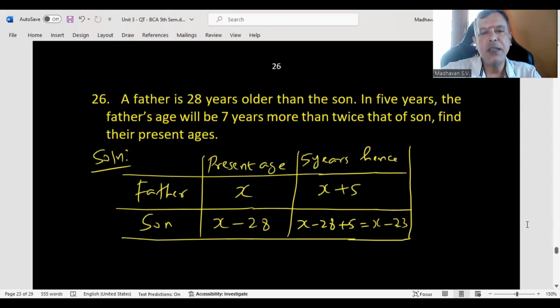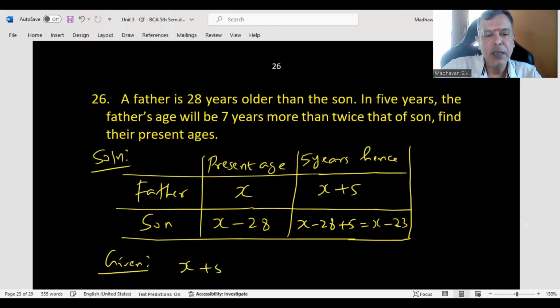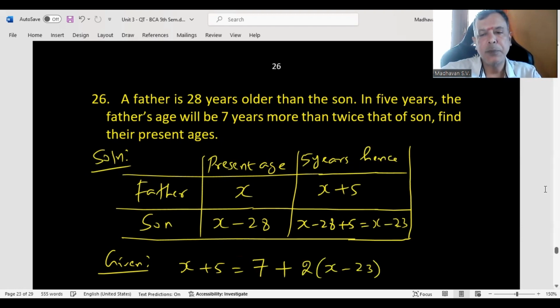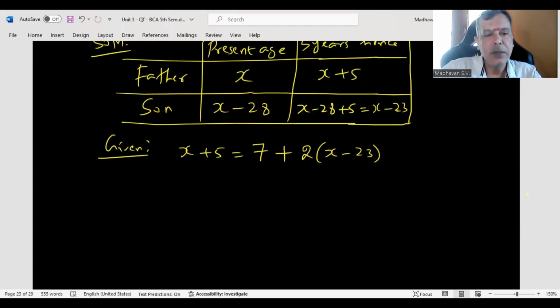In 5 years, the father's age, X plus 5, will be, they say, 7 years more, means 7 plus twice that of son. So 2 times X minus 23. So that means X plus 5 is equal to 7 plus 2X minus 46.